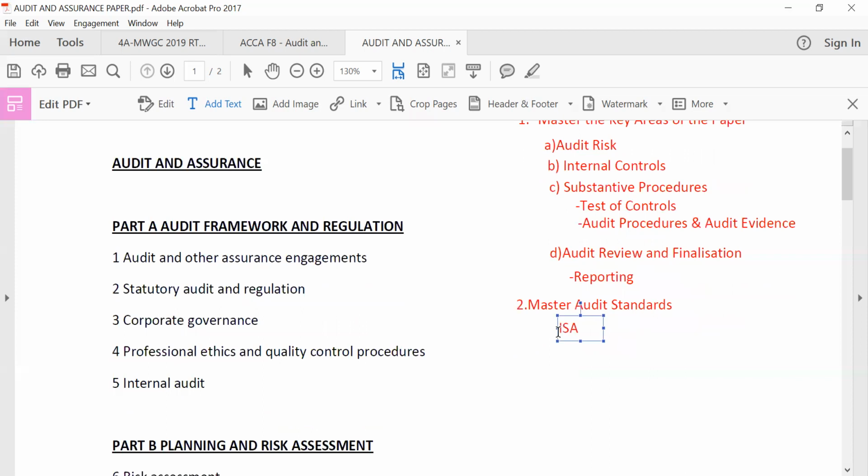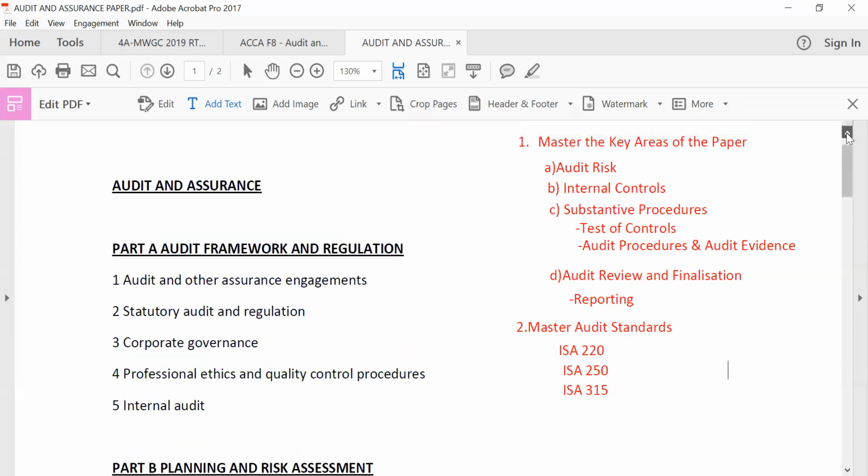We can talk about ISA 220, you can talk about ISA 250, and a lot of them, right? So we need to look at how best we can really understand the audit standards, because if you are looking at the audits, it is the standards you're going to apply. And if you do not master the standards, you tend to be affected when it comes to auditing, right? So these are the two areas you're supposed to look at.